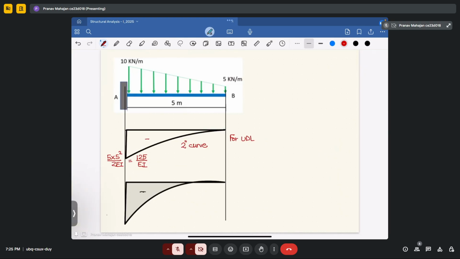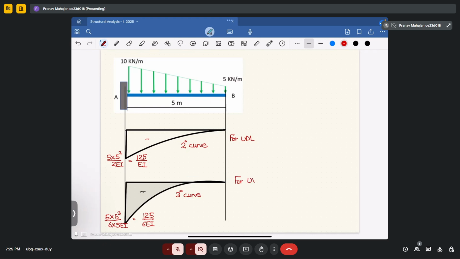So if I write W here, it will be 10 minus 5, 5. H cube will be 5 cube divided by 6. L is how much? 5 into EI. That will be equal to 125 upon 6 EI.